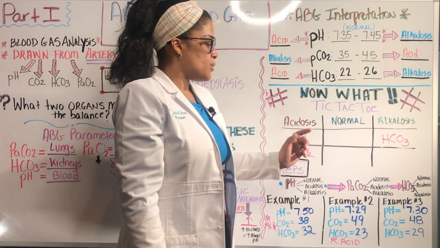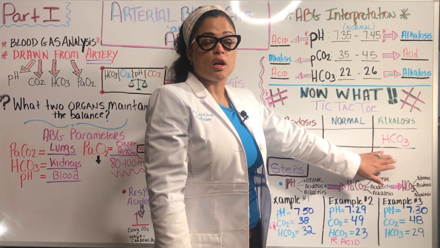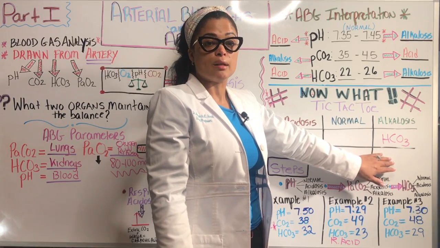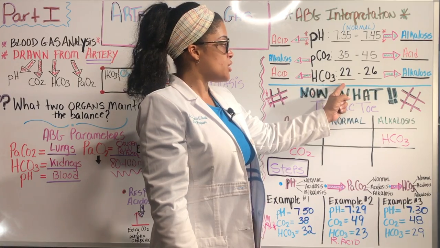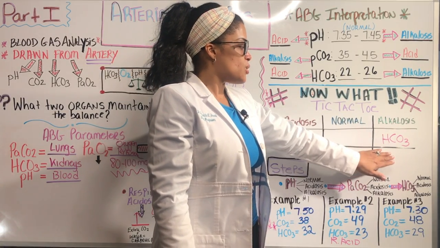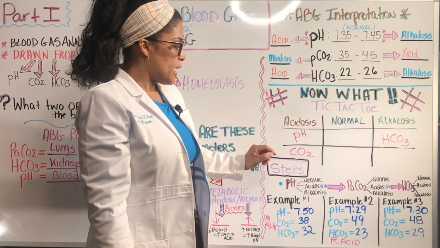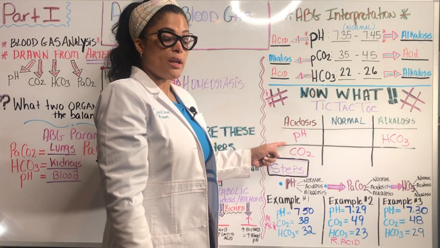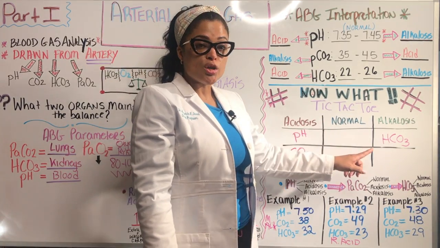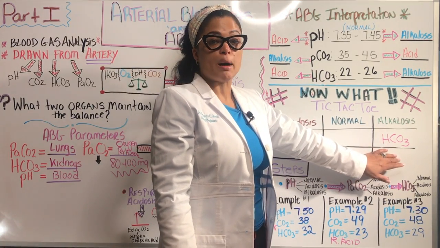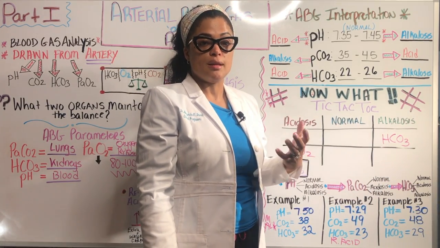This is showing you that the bicarb or your kidneys are trying to help bring the body in balance. Therefore, it's going to move from its normal range of 22 to 26, and it's going to change in order to help. So here we have a respiratory acidosis patient with partial compensation of bicarb. That is what partial compensation is.